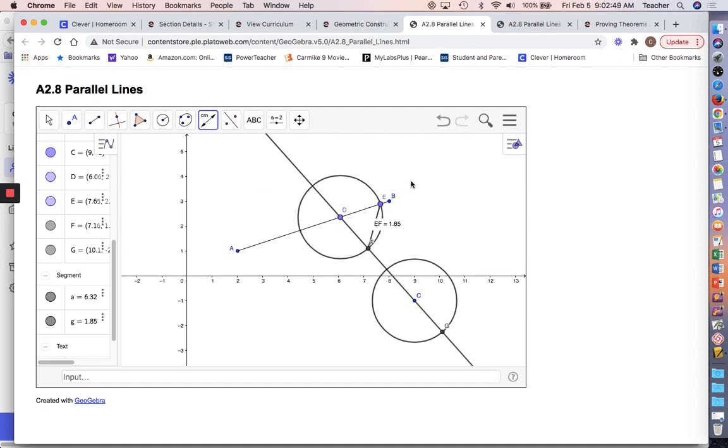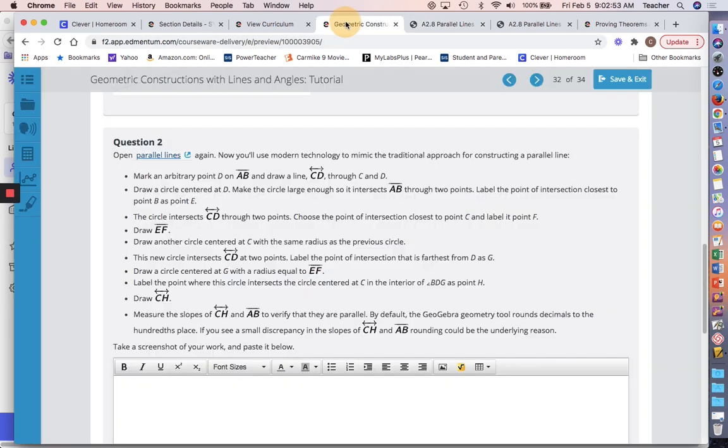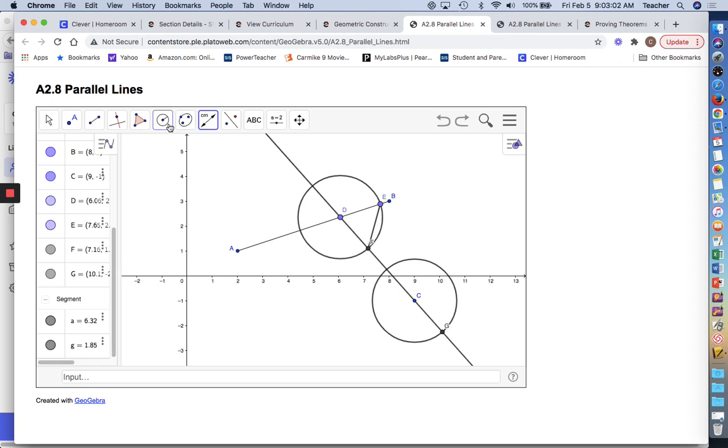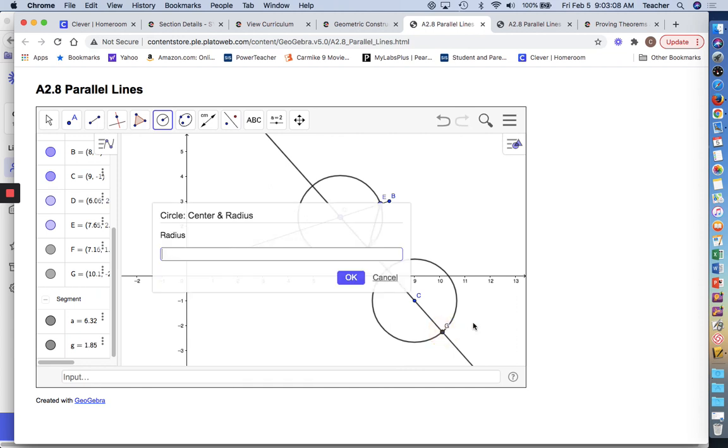All right, so now I got to remember 1.85. I'm going to undo that. And they want a circle centered at G with a radius of 1.85. So circle with a radius. I'm going to click on G, and I'm going to put in 1.85. Click OK.